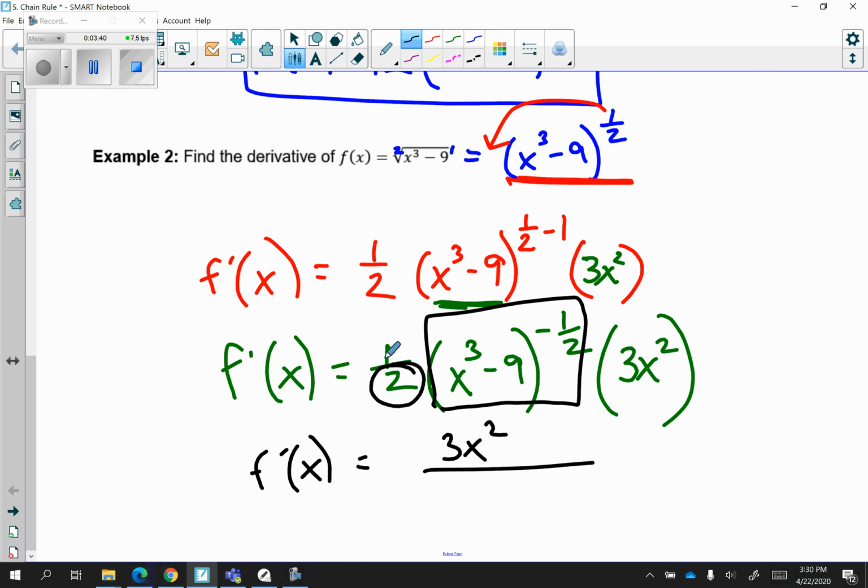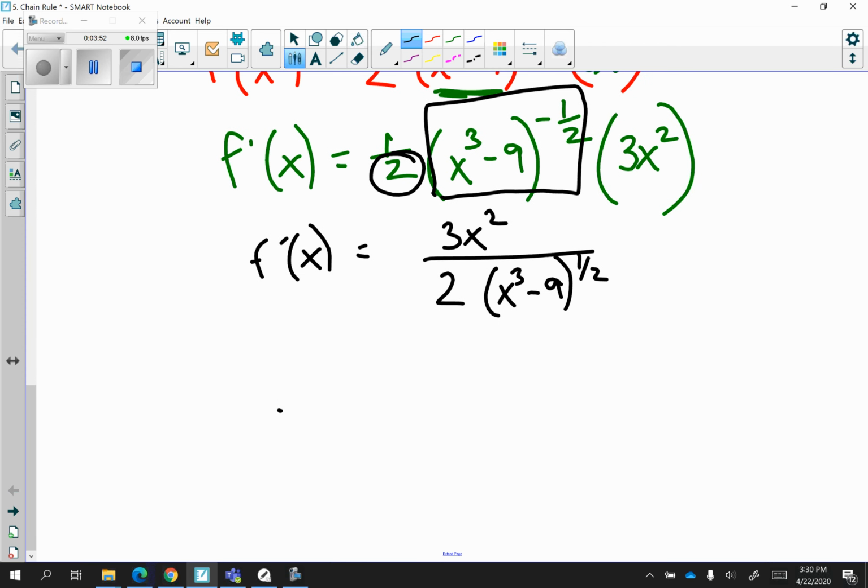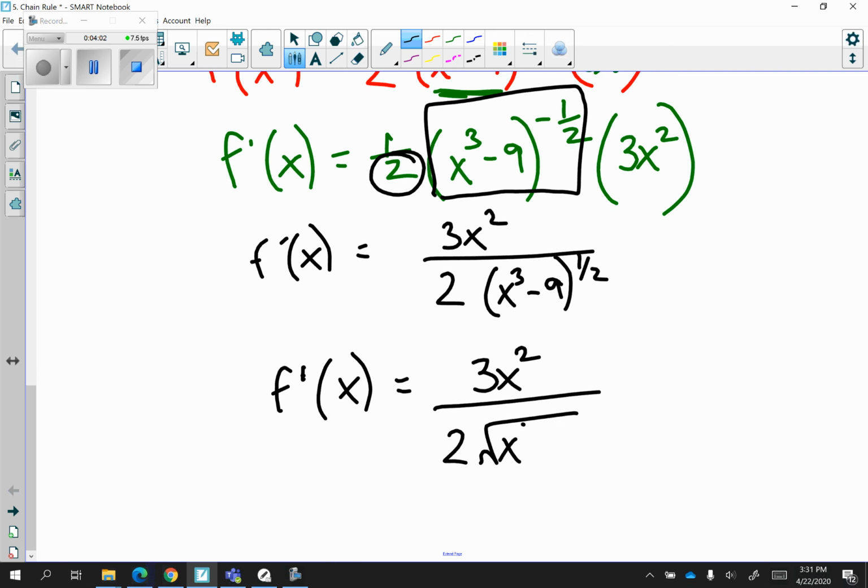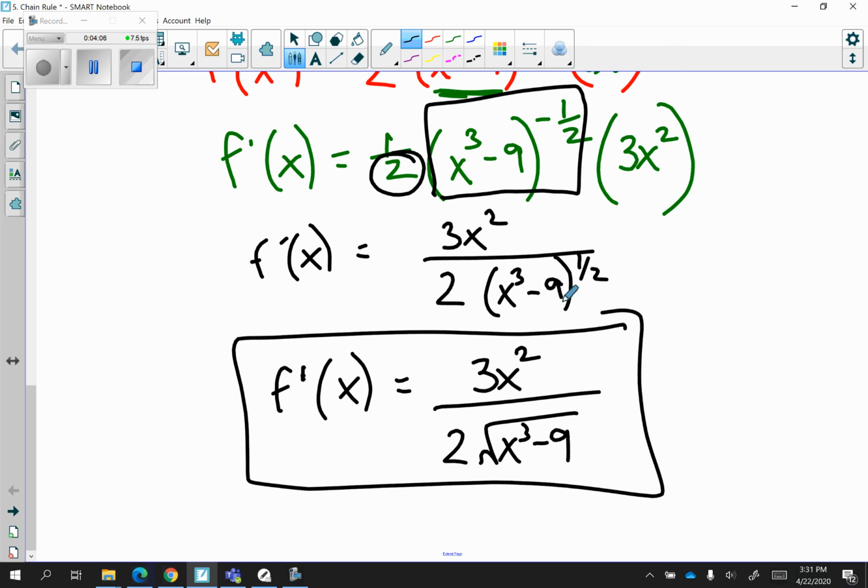There's a 2 in the denominator because of the 1/2. And then this is really x to the third minus 9 to the 1/2 in the denominator. But remember, if you have something to the 1/2 power, you can rewrite that as a square root. So 3x squared all over 2 radical x cubed minus 9. And that's your derivative.